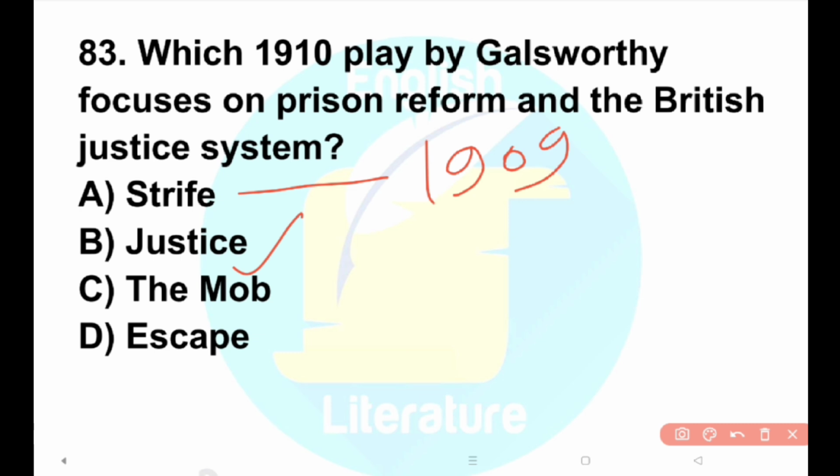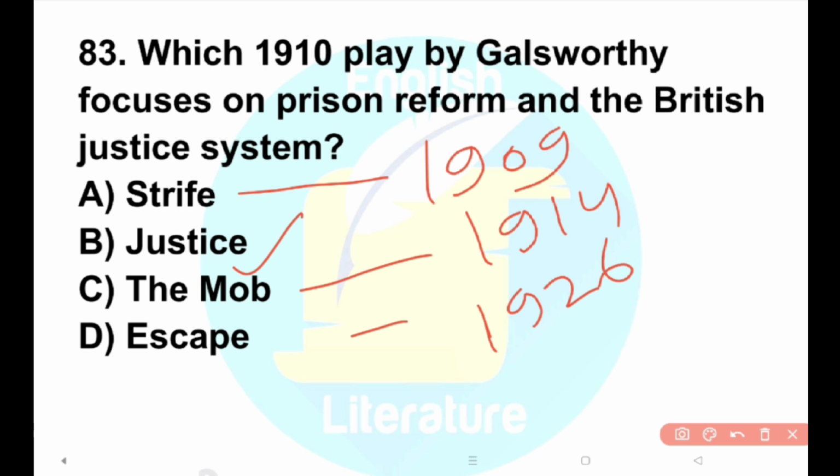The Mob, in 1914, deals with war and public opinion, not the justice system. And Escape, 1926, involves a prisoner's breakout but focuses on individual morality, not systemic reform, and it is later than 1910. So option B is the correct answer, Justice, in 1910.